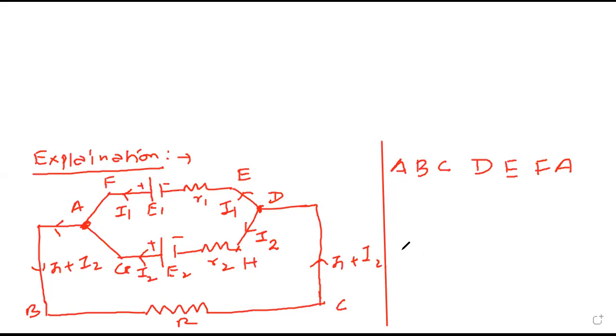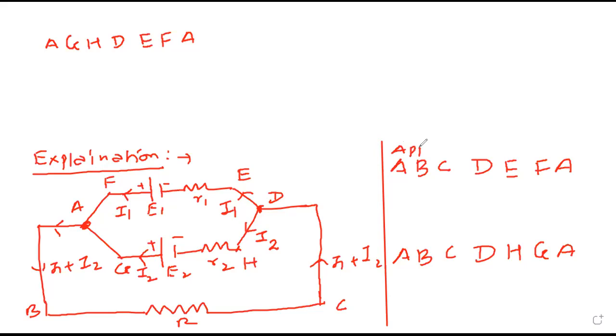Second loop: A, B, C, D, H, G, A. Third one: A, G, H, D, E, F, A. This is also one loop. So the possibility is there, we can have three loops.